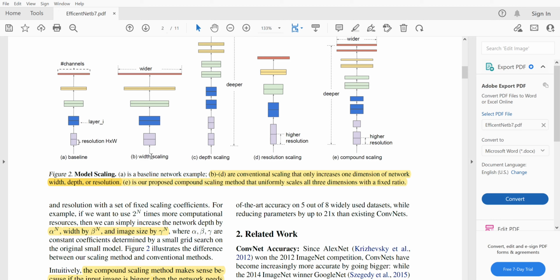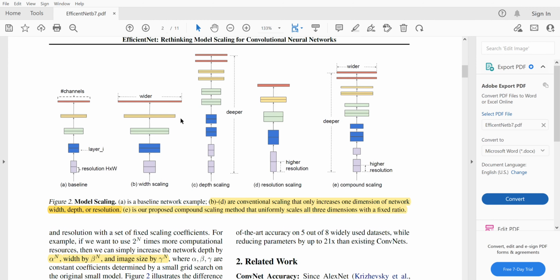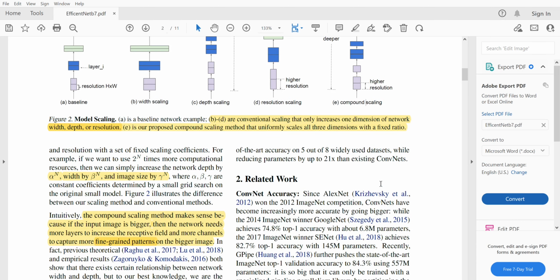In B, there's a network which has larger width. In C, there's a network which has larger depth, like ResNet. And in D, there's a network which has larger resolution. But in the compound scaling method, they have all of them. But how did they do it?